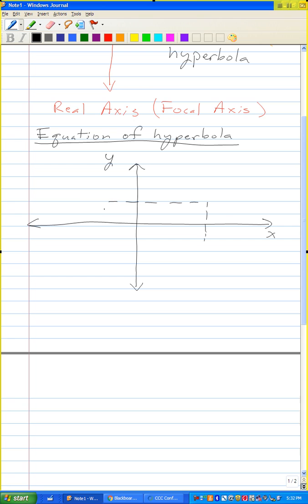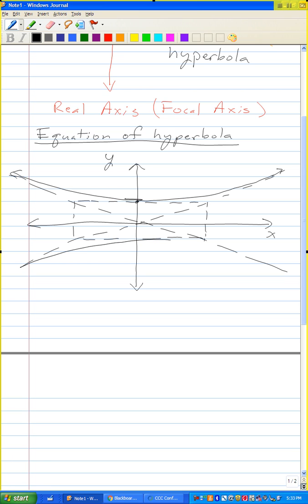And suppose it looks something like this. Okay, so here's my hyperbola.